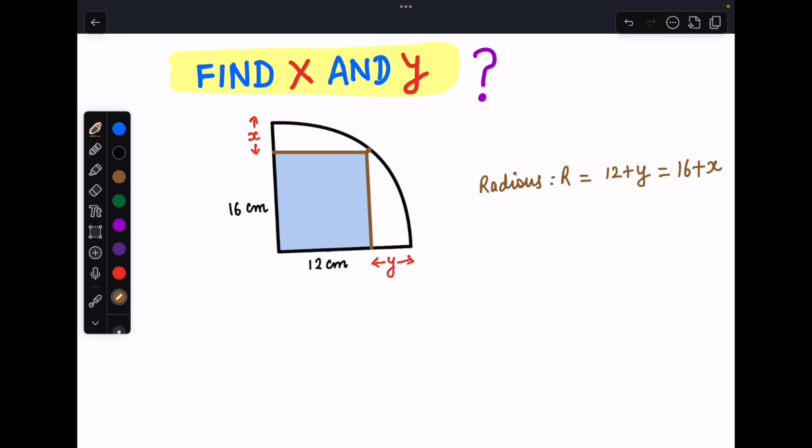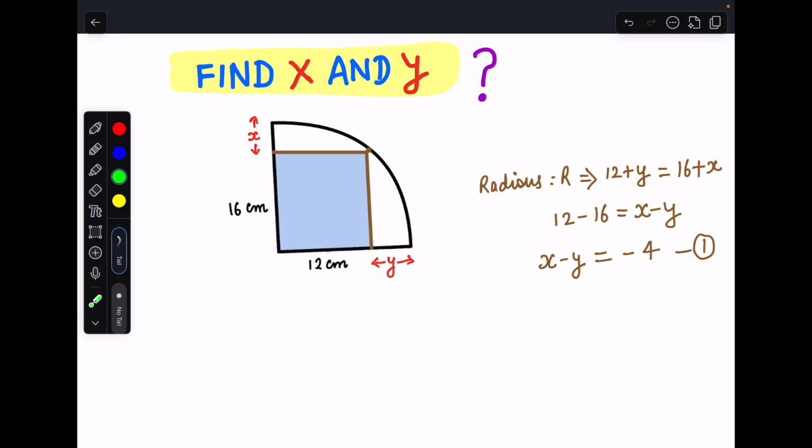So we will have 12 minus 16 is equal to x minus y. So x minus y is equal to minus 4. This is the first equation.